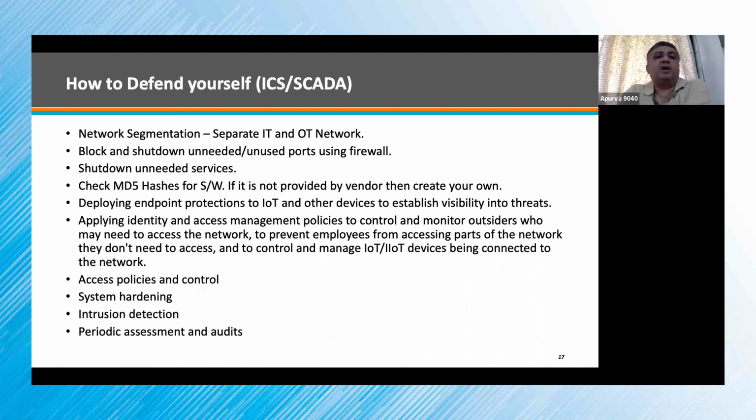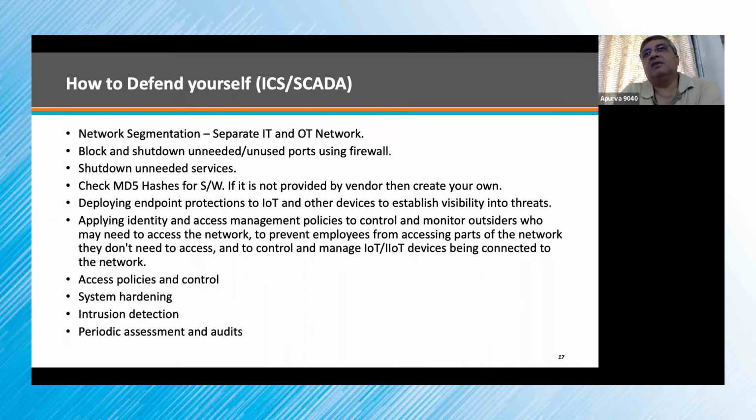Then deploy endpoint protection to IoT and other devices to establish visibility of the threat. If possible, I don't know whether every organization will invest or not, but you should have an identity and access management policy to control access.